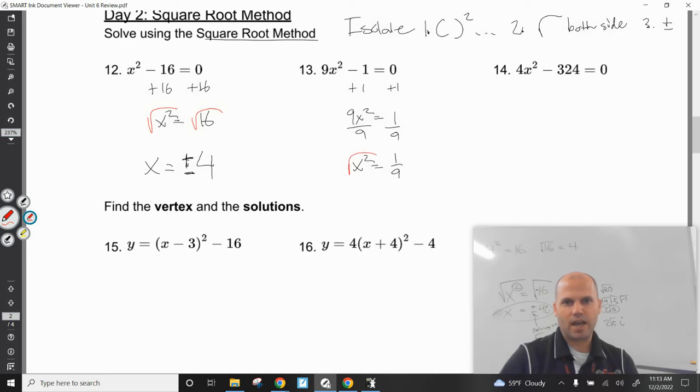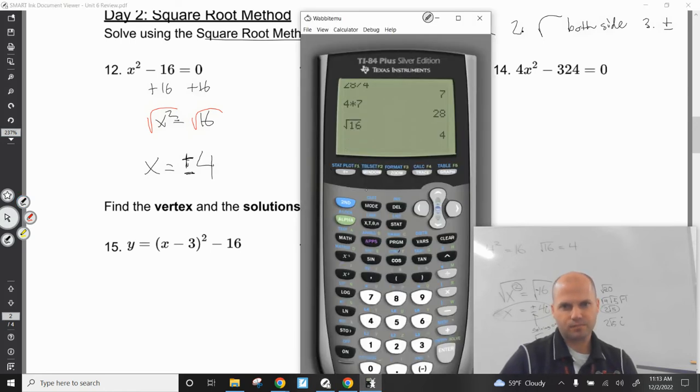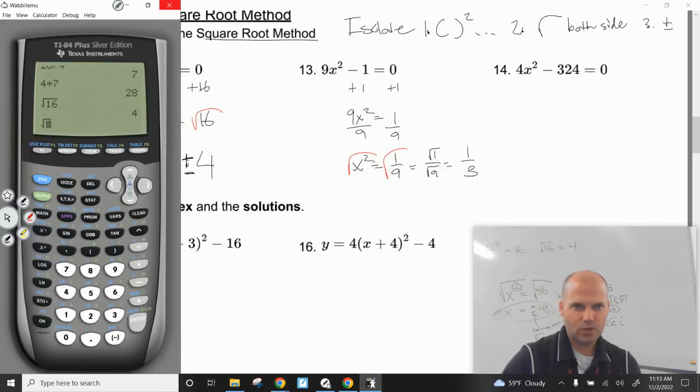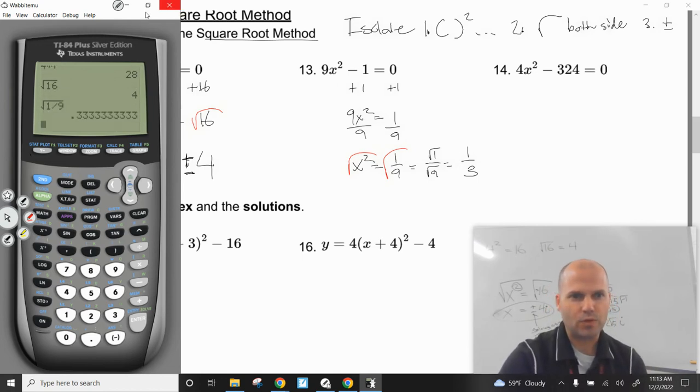Square root both sides. Now, we talked about how if you square root a fraction, it's the square root of the top over the square root of the bottom. And the square root of 1 is 1, and the square root of 9 is 3. But watch this. The square root of 1/9, you can use division, you can use the fraction button, is 0.333.